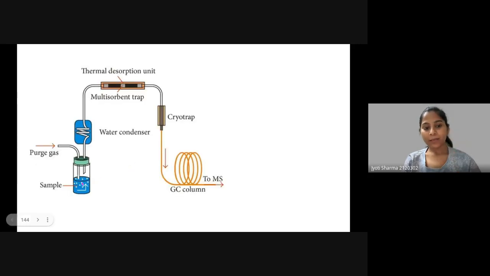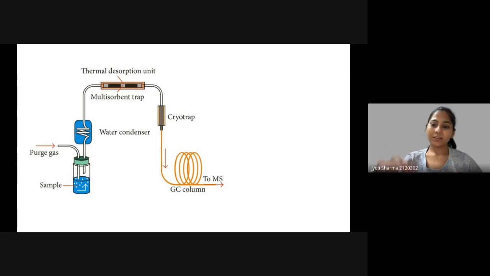And here you can see you have the sample in the liquid, and you are purging with gas. For example, if it is argon or helium, or most of the time nitrogen, then your sample, let's say benzene, will go to this other tube, and here you will have the water condenser, then the thermal desorption unit, and then it will go directly to the GC-MS, right?